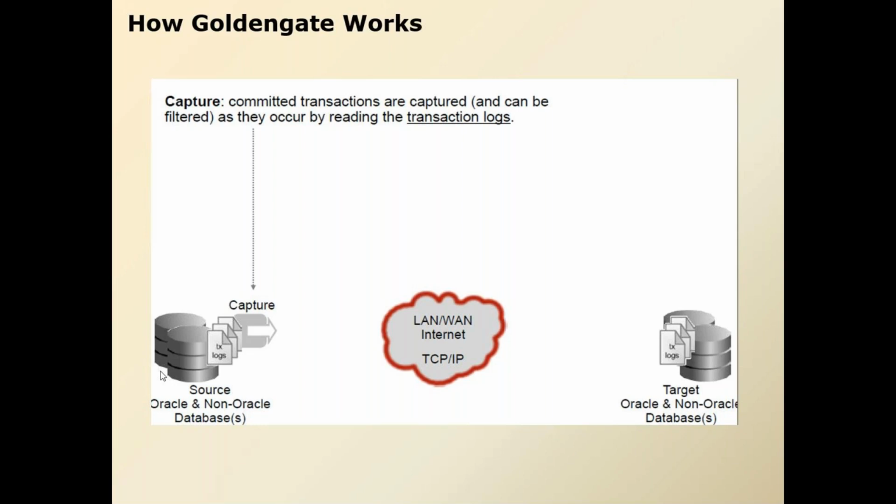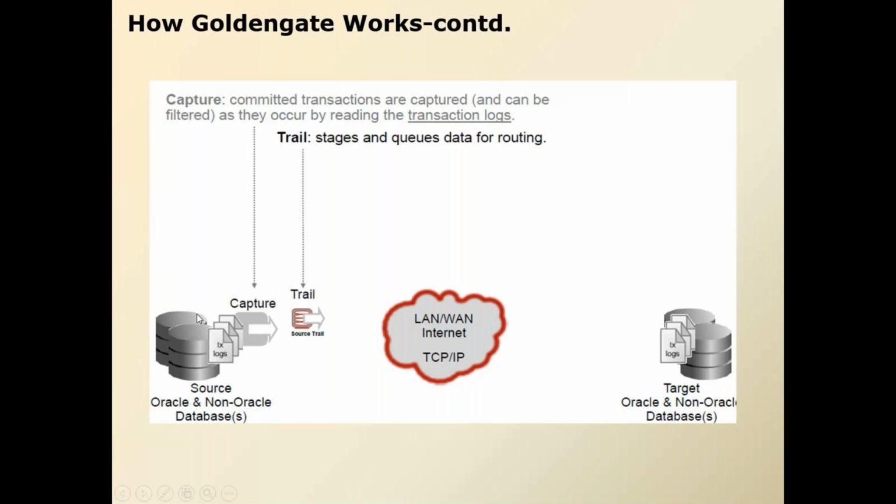So you configure the GoldenGate capture process, which captures the committed transactions only and writes them to the trail files on the local machine, which are called local trail files.